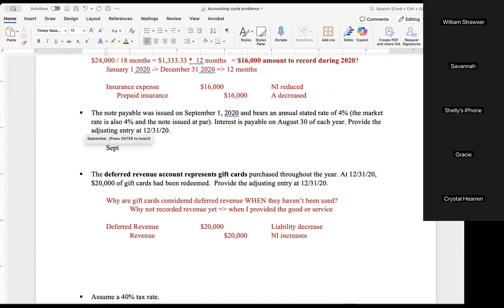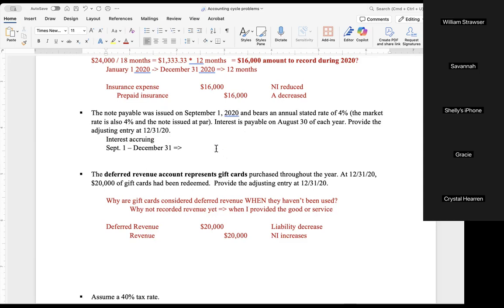So for this one, we want to record interest from September 1st to December 31st. We're accruing this interest, right? We're not going to actually pay the interest until August 30th of the next year, after we have a full year accrued. But we have to report at December 31st, so we have to provide this amount.